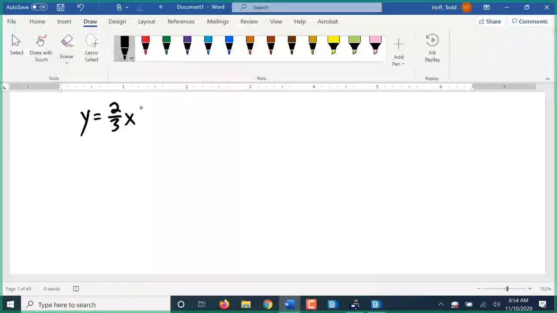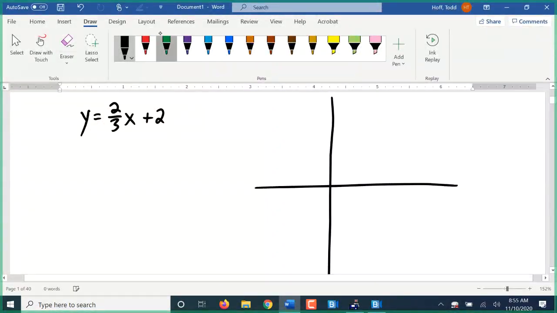So then I have y equals 2/3 x plus 2. The plus 2 is saying from the origin, we go up 2. That's where we're going to start this graph. The 2/3 multiplying x. Well, remember the top number, the numerator, is the rise.